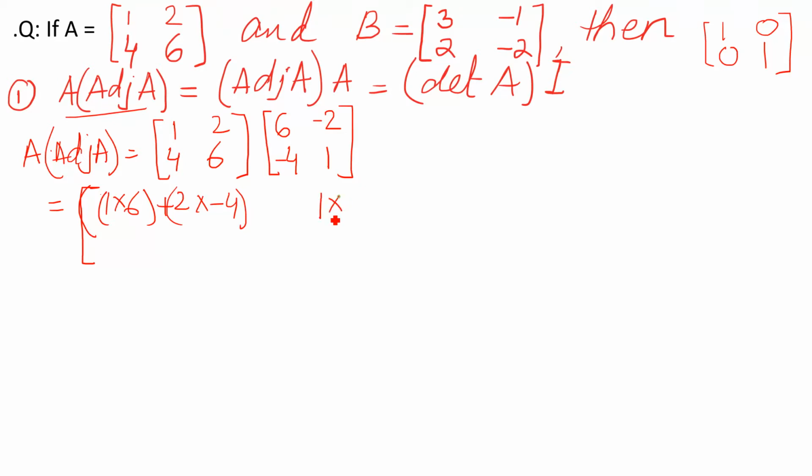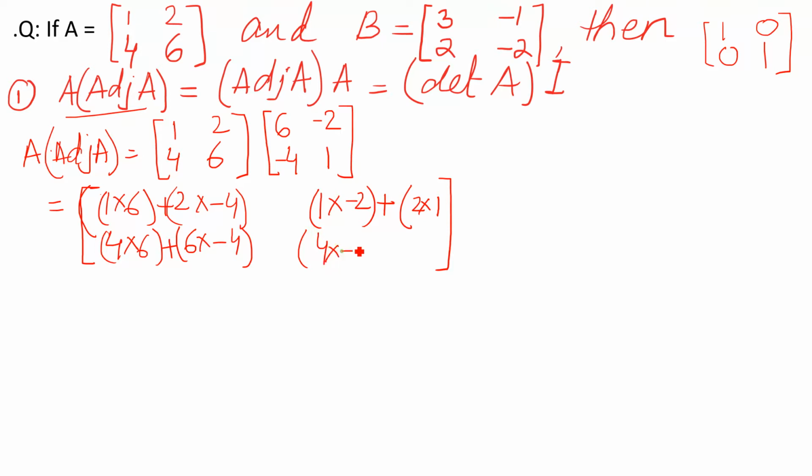Same row with the second column, and here we use the positive sign, 2 multiplied by 1. Second row with the first column, 4 multiplied by 6, with -4. Then 4 multiplied by -2 plus 6 multiplied by 1.